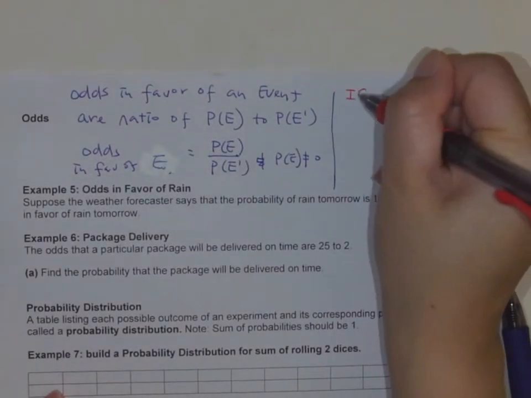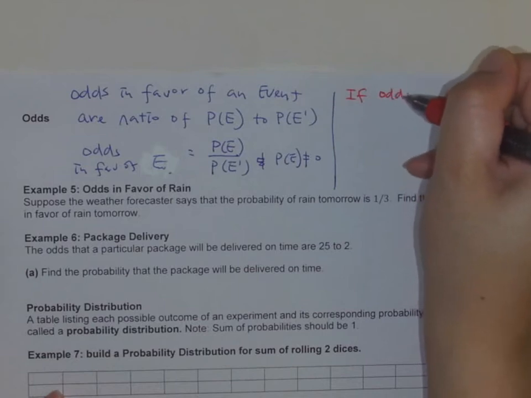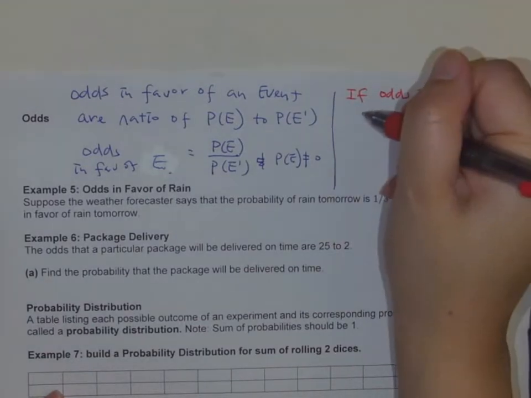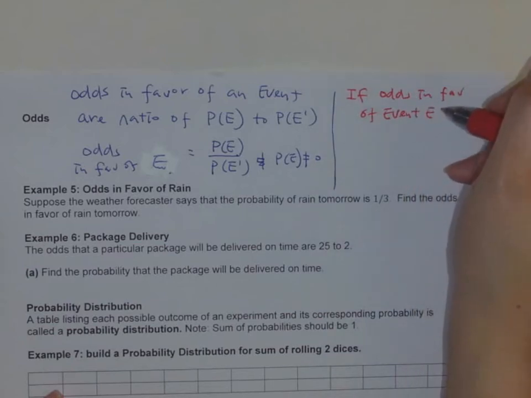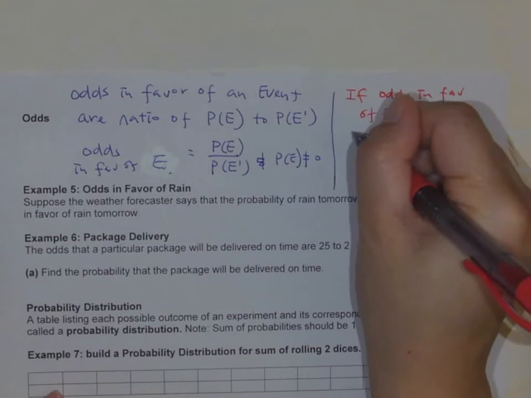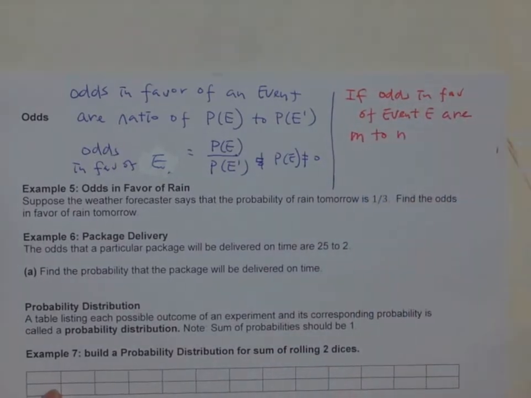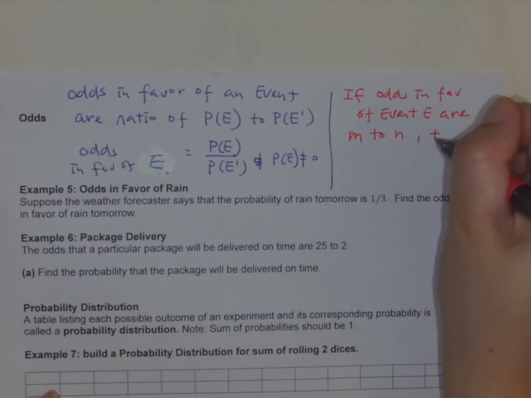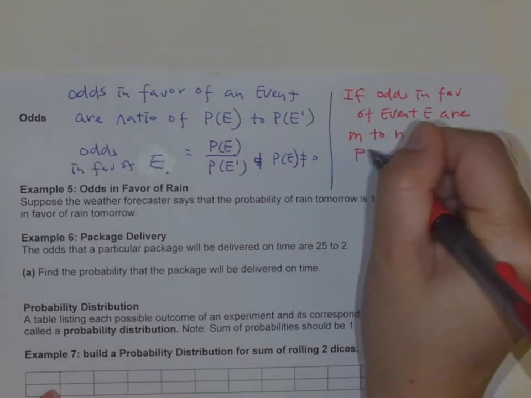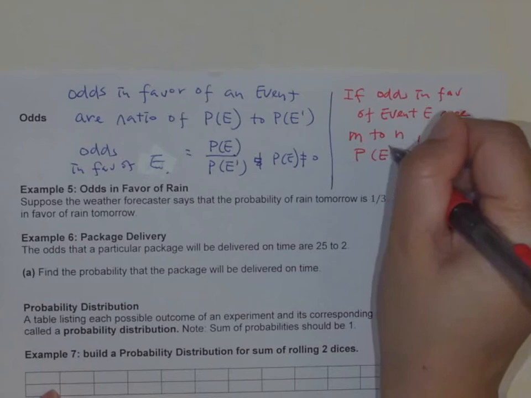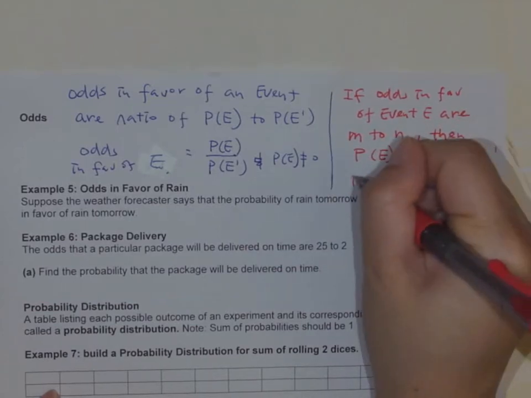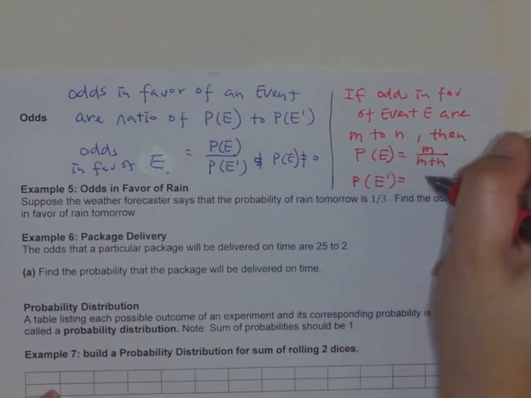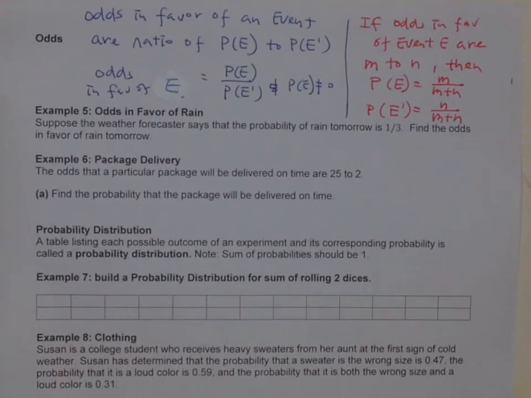So if the odds in favor of event E are m to n, so a number to another number, then your probability of E would be m over m plus n. Probability of not E would be n over m plus n. So we're going to do some examples and let you check it out.